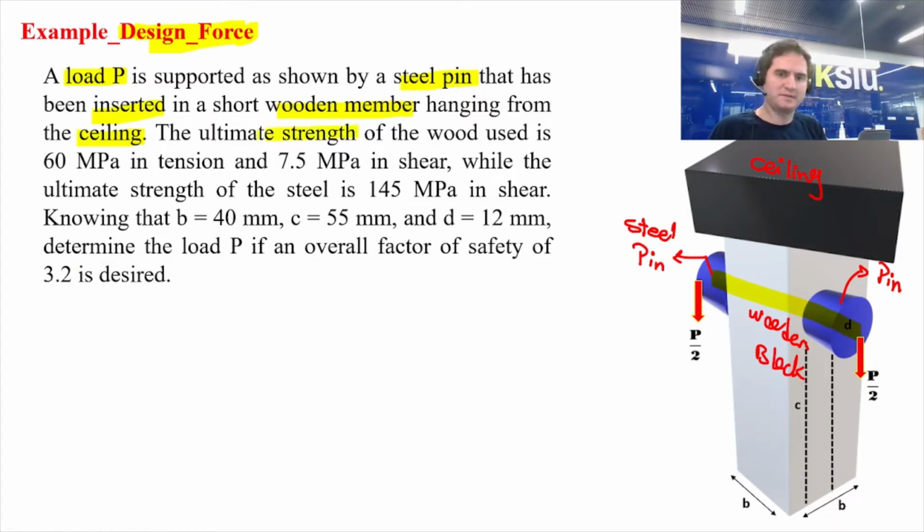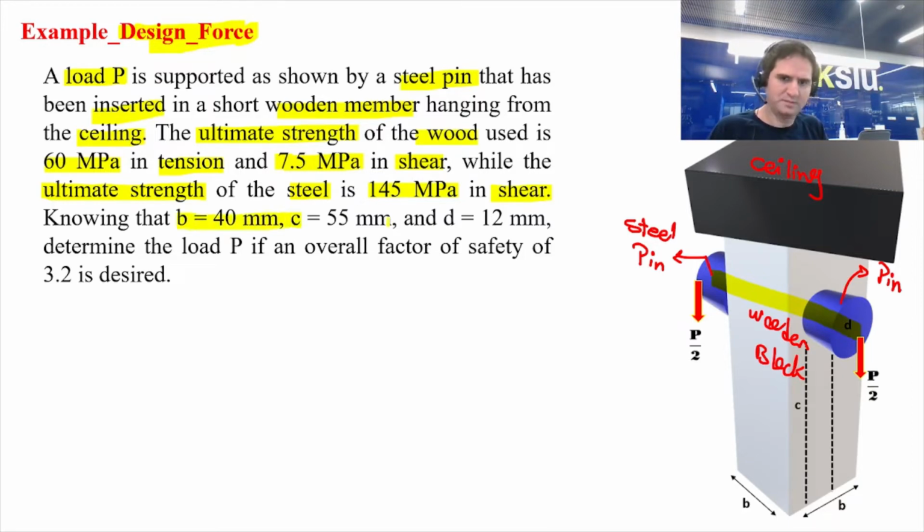The ultimate strength of wood in tension is 60 megapascal, in shear 7.5 megapascal, and the ultimate strength for a steel pin is 145 in shear. Some of the dimensions of the block are given.